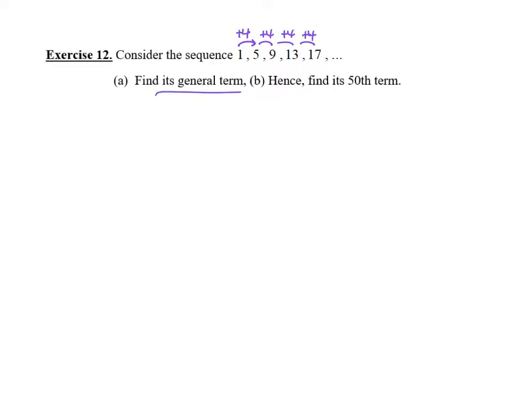So to find the general term Tn, I take the first term, which is 1, plus the difference, n minus 1 times. So it will be a plus (n minus 1)d, where a is 1 and the difference is 4, times n minus 1. Let's expand and simplify, and we'll get 4n minus 3.